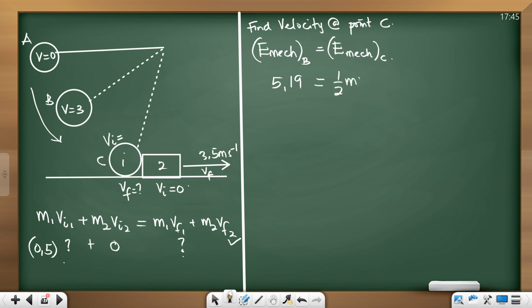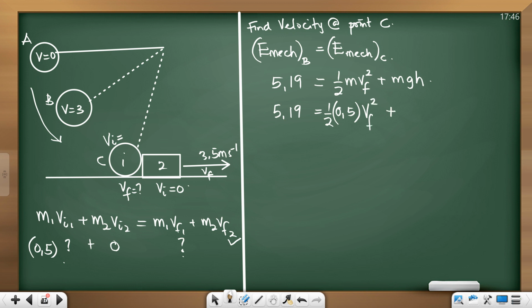Half m v f squared plus m g h. My dear learners, please listen to my substitution. 1/2, what is the mass? 0,5. This is VF, not VI. VF at point C. We do not know that velocity.